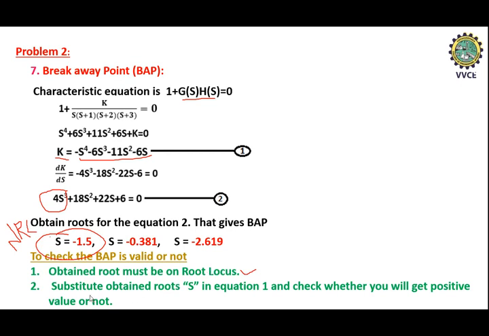The second rule is to substitute these roots one after the other into equation number 1, in place of s, and obtain the k value. That k value must be positive if it is a valid one. It satisfies that also. So we can consider the valid breakaway points, that is s equal to minus 0.381 and minus 2.619.